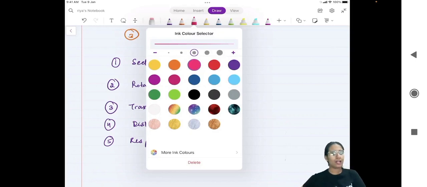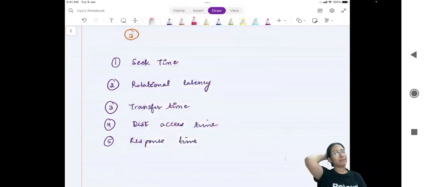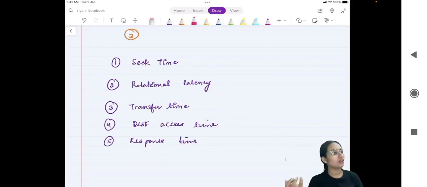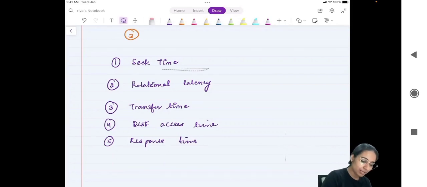Now, what are all these terms? Seek time is basically the time taken to locate the disk arm to a specific track, because a disk has a lot of tracks, where the data is to be read or written. The disk scheduling algorithm that gives the minimum average seek time is the better algorithm. So what exactly is seek time?